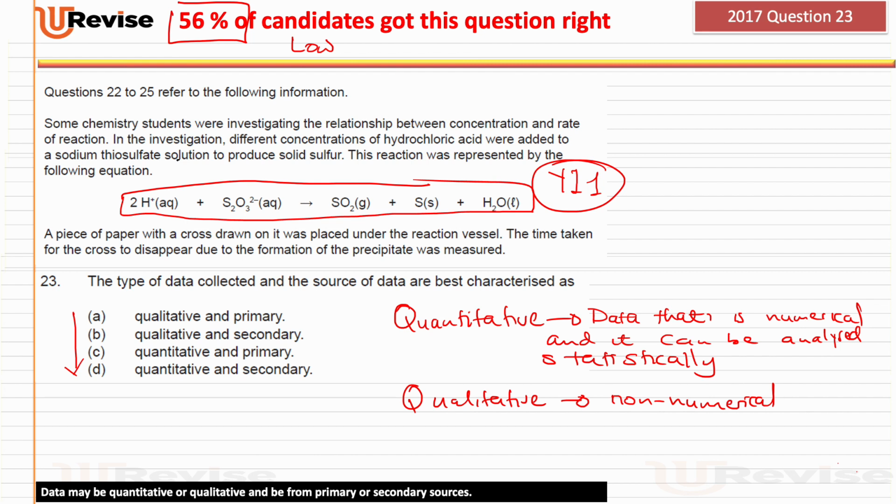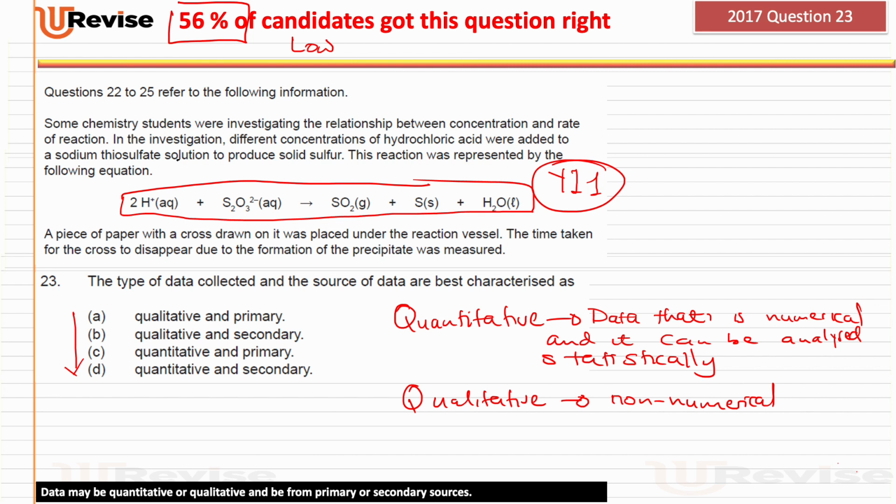So in this case, for this investigation, the data collected would be primary, and it's also quantitative because you can repeat the experiment, calculate the average, calculate the standard deviation. There are a few possible statistical analyses that can be carried out with the data.